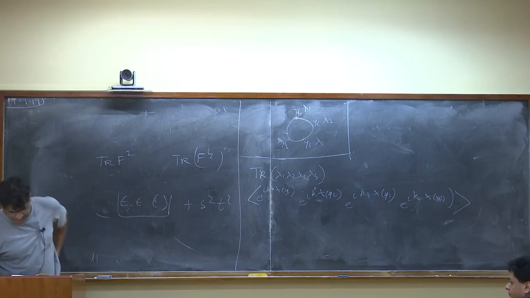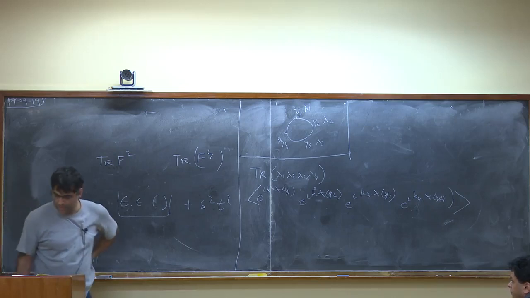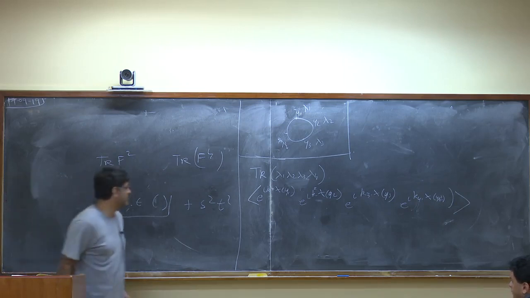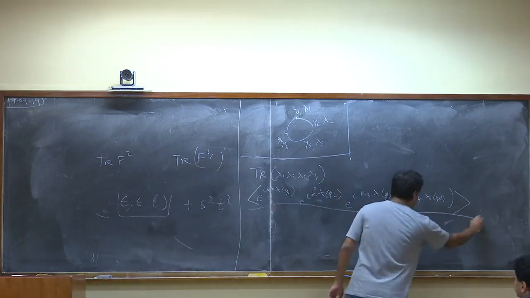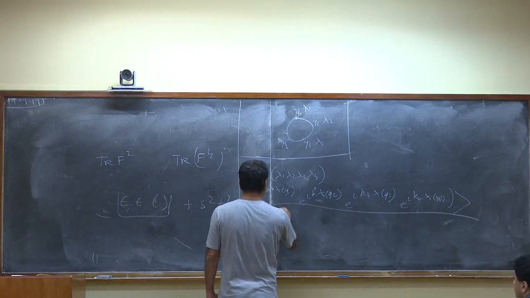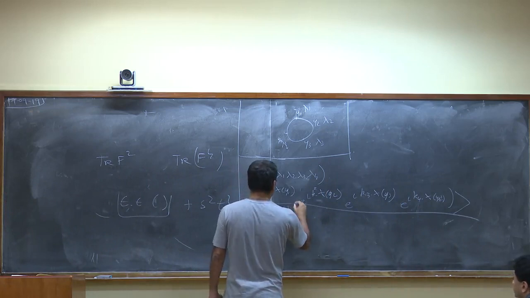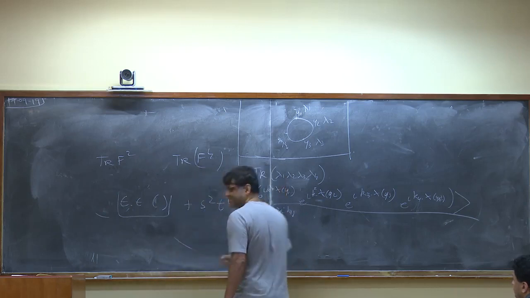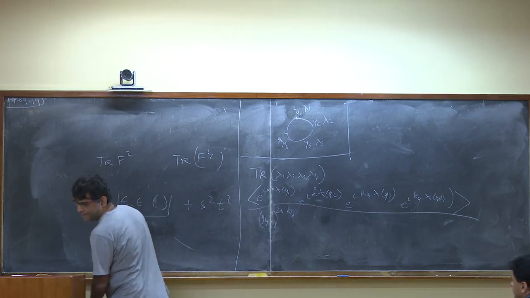Here, it is yij to the power 2 alpha prime ki dot kj.